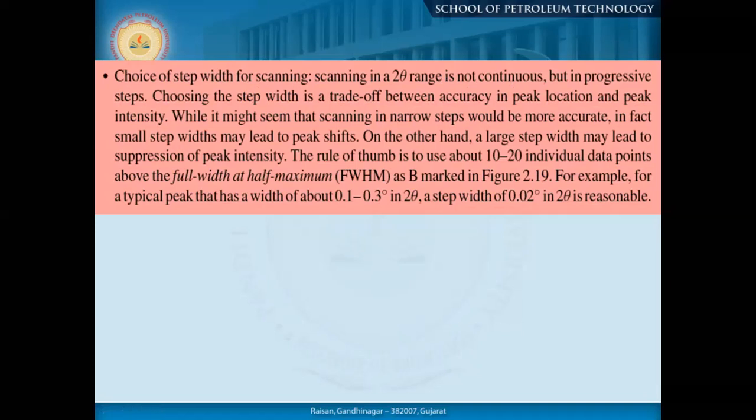We give an angle range, but the progression is in steps, for example 0.02, so it will give you an isolated value at a specific angle, then shift to the next angle. That is called the step size, and you also have to set the time required for gathering the information at each step. Choosing the step is a trade-off between accuracy of peak locations and peak intensity.